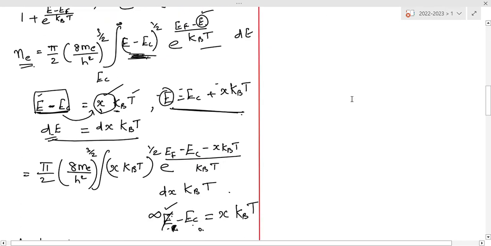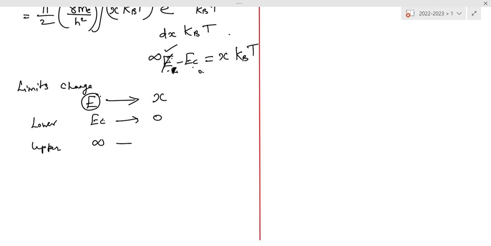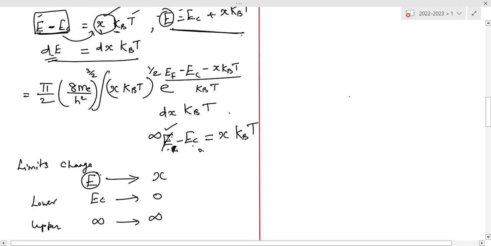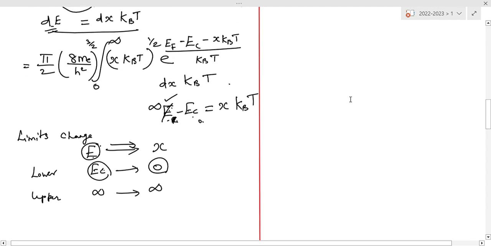Therefore, going to the change in the limit, it also becomes infinity. So we are changing the limit from E limits to x limits: EC is replaced by 0, and infinity is infinity here also.